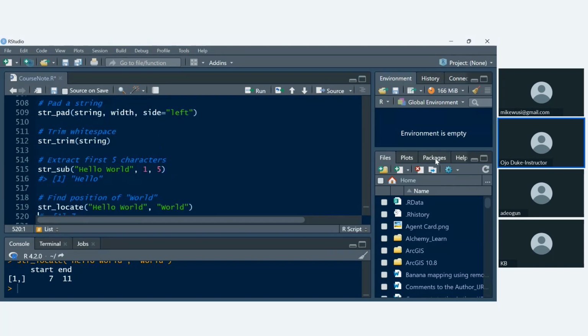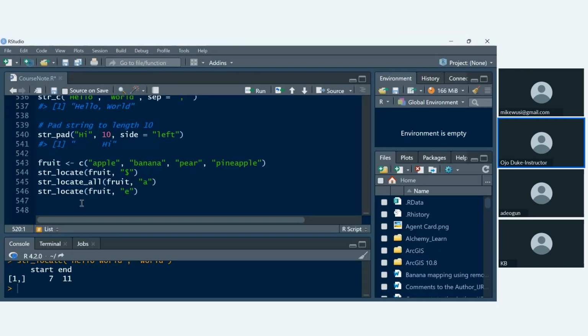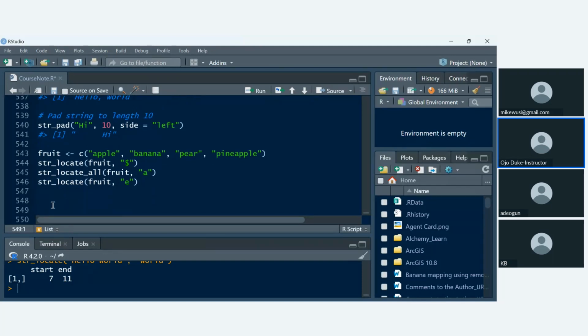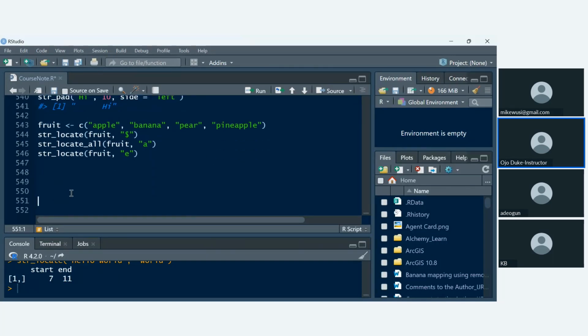So you can read more about stringr from the package itself. I hope that makes sense. You can do a couple of other things, and you will see that in your notes. When we are done with the class, we'll forward the notes to you.